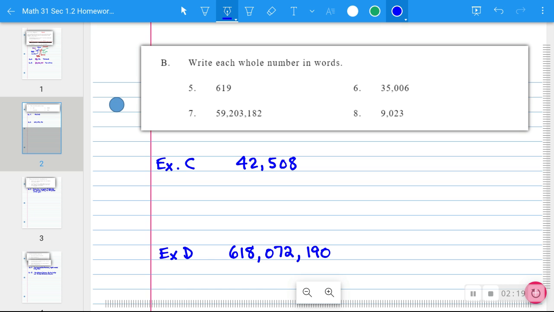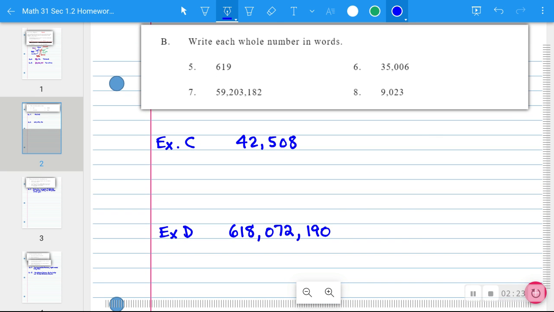Okay, in the next section, we're supposed to write these numbers out in words with their place value settings. So we're going to start with the thousands, and there's 42 of those. Please notice when I write the word 42, I use a hyphen.